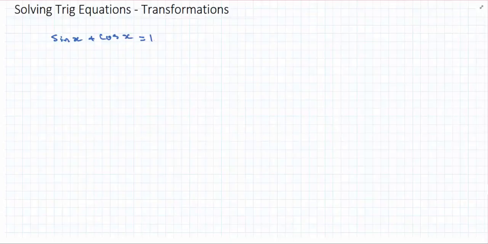We need another tool to be able to answer these questions, and we sometimes refer to this as transformation of the trig functions.